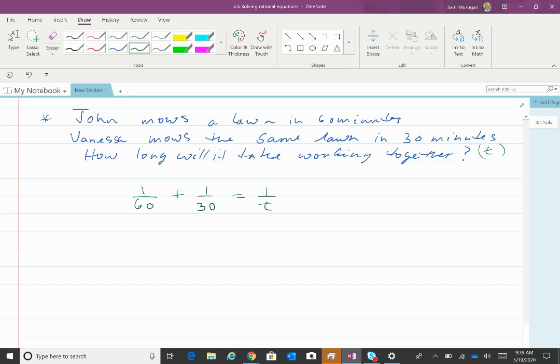So 1/60th of the lawn plus 1/30th of the lawn every minute. Sorry, the 1/60th of the lawn and 1/30th of the lawn is equal to the amount of the lawn they will mow in T minutes. So the LCD now is 60T.